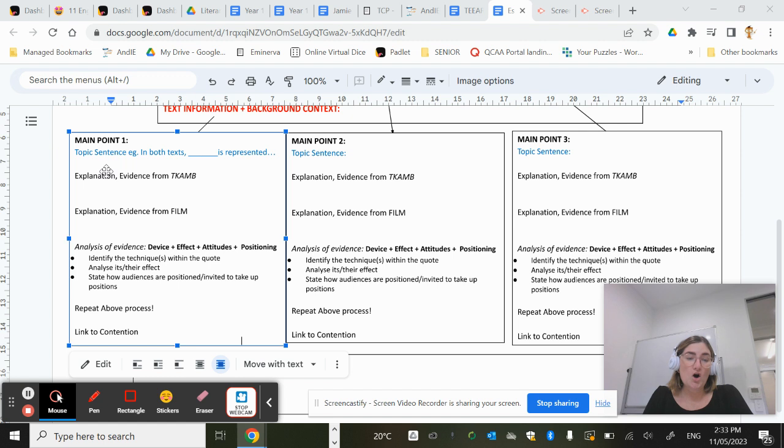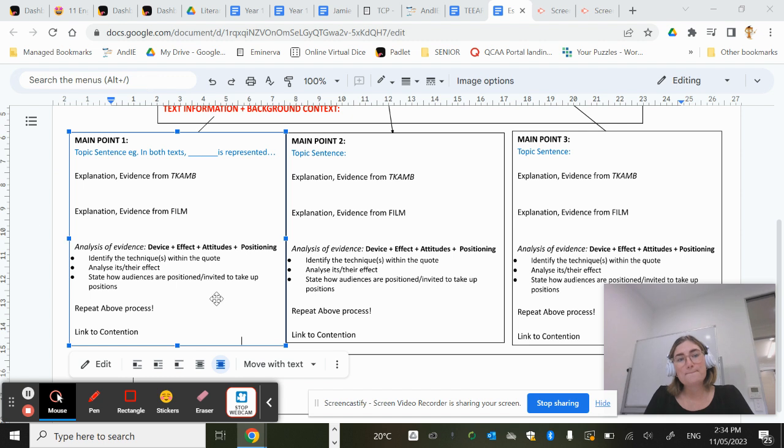So I might like to do 2 pieces of evidence for To Kill a Mockingbird and then 2 pieces of evidence for The Help. Or I can go 1 for To Kill a Mockingbird, 1 for The Help, and then I might expand upon it and repeat the process again and go To Kill a Mockingbird and The Help again.